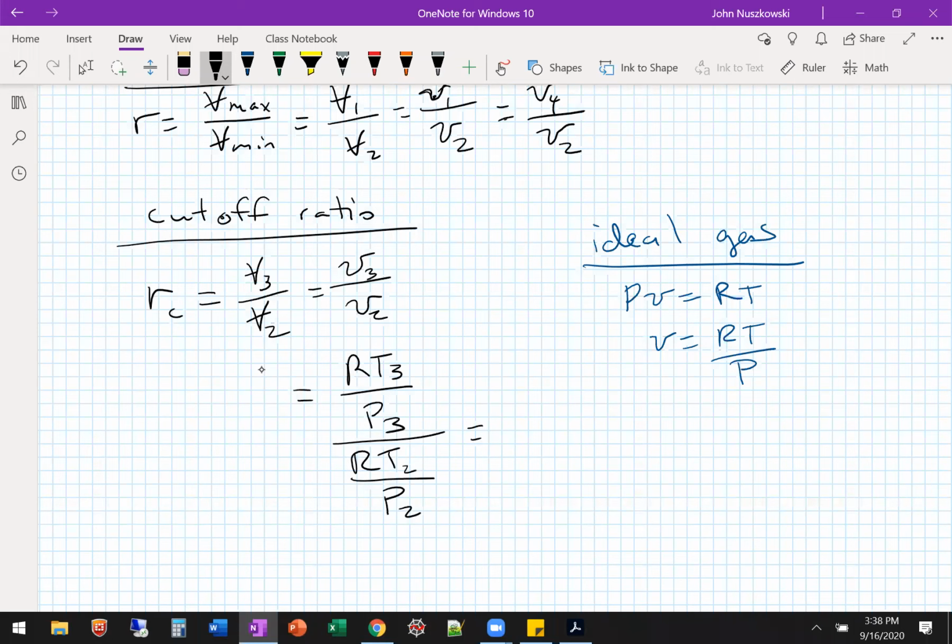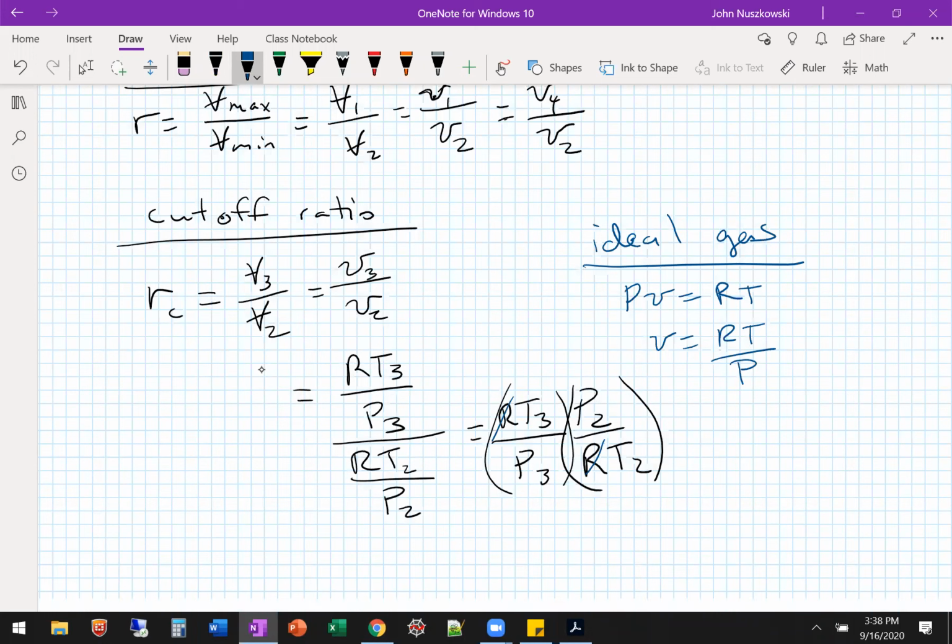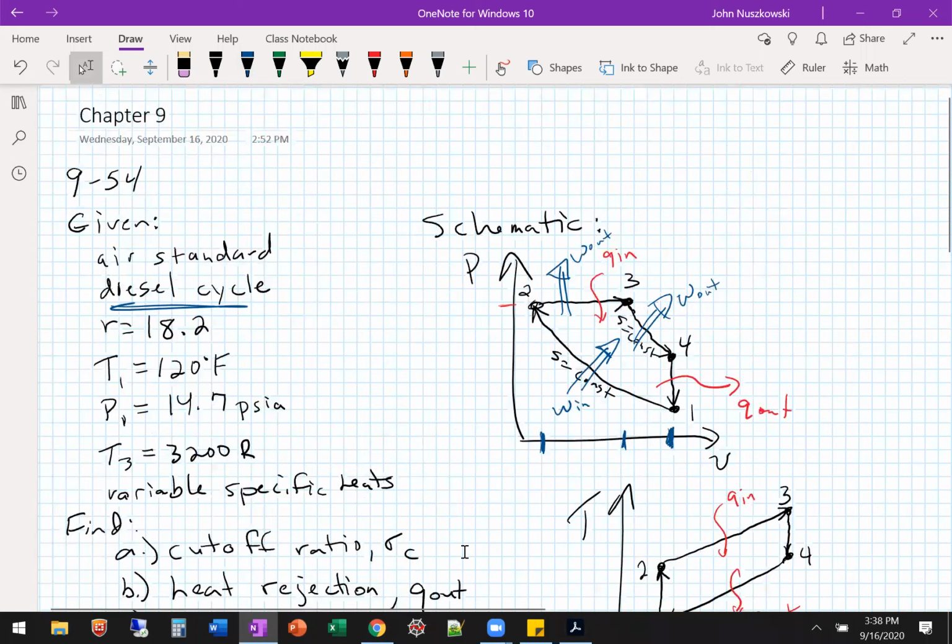That's a little cumbersome, so let's make this look a little nicer. All right, so we look at that. The gas constant, boom, gone, right? Anything else we can cancel? The pressures should be the same. Correct. So we have a diesel cycle, the pressure's identical from 2 to 3, right? In the Otto cycle, we wouldn't have that; the pressure changes.